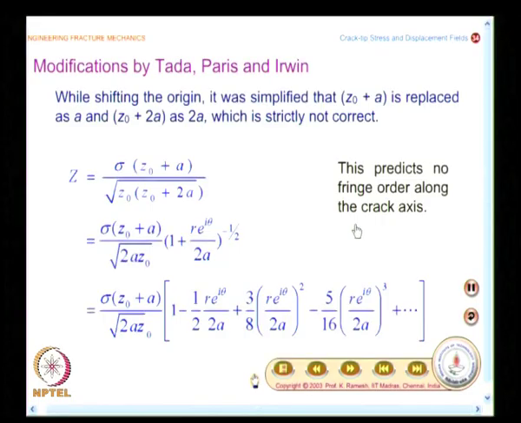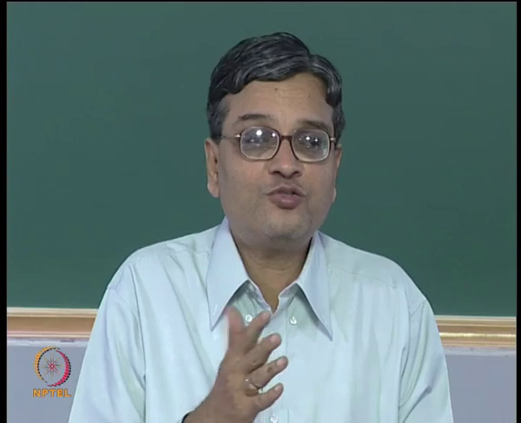You put in a better type of mathematics, then what you find is, though it is not shown here, the observation is when you look at the maximum shear stress, this predicts no fringe order along the crack axis. That means it is not useful.